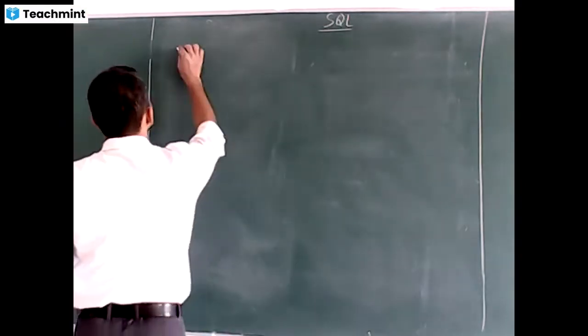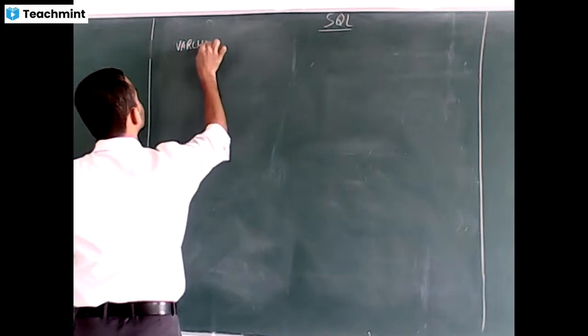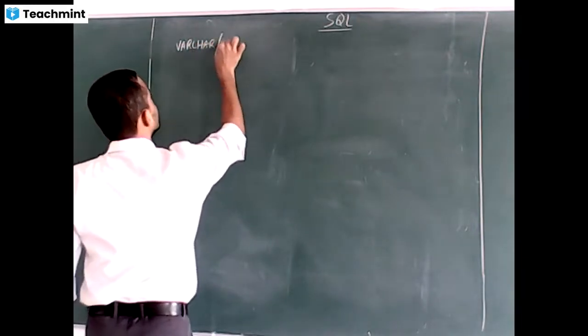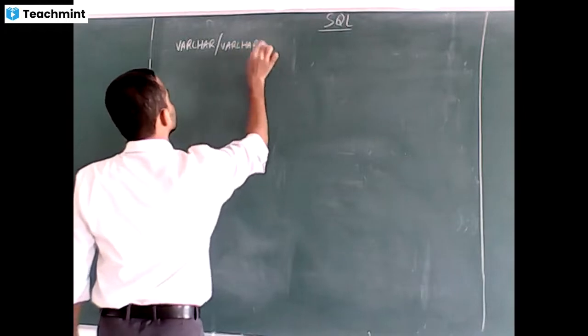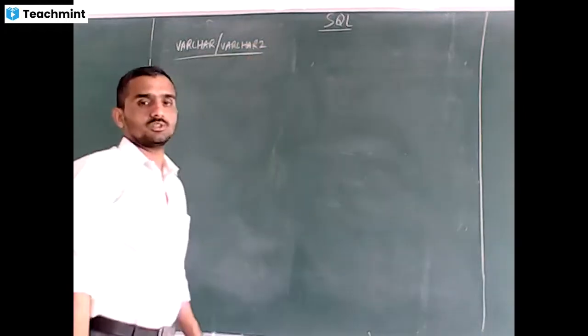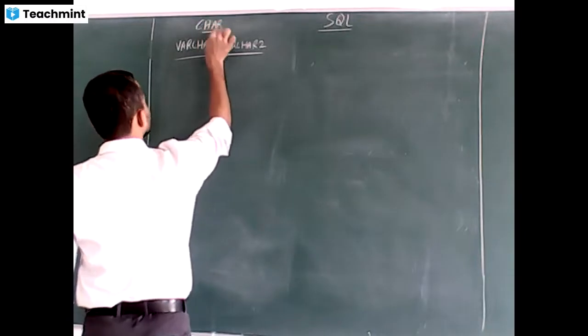So the next data type is, see, we have CHAR, VARCHAR, VARCHAR2. The difference between CHAR and VARCHAR I will tell later.